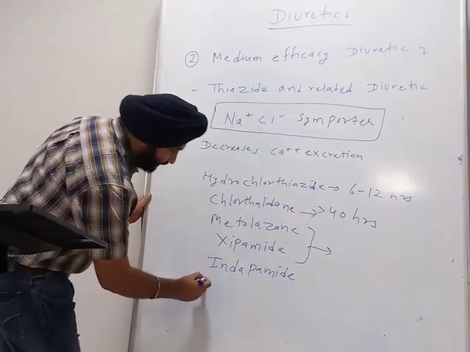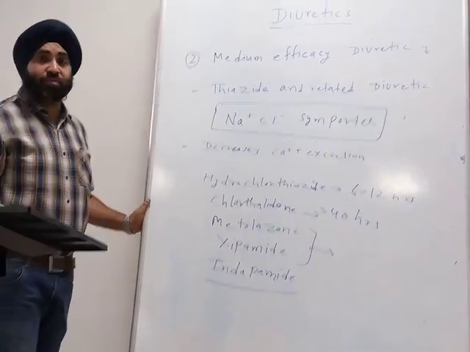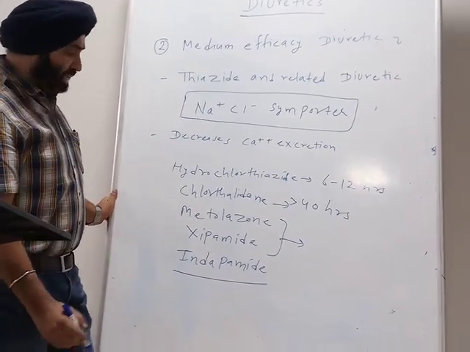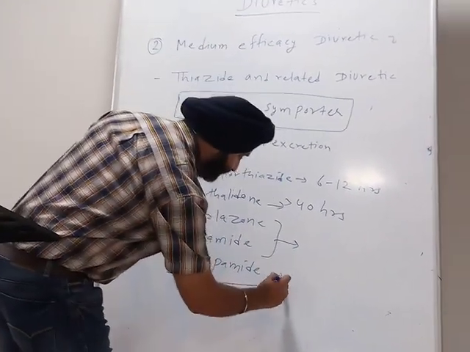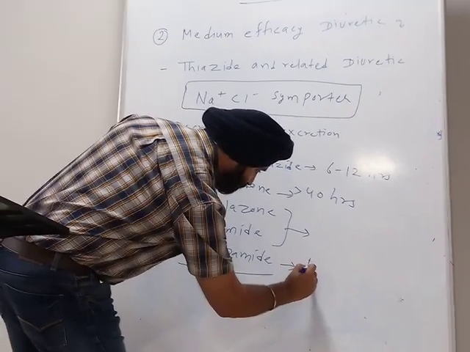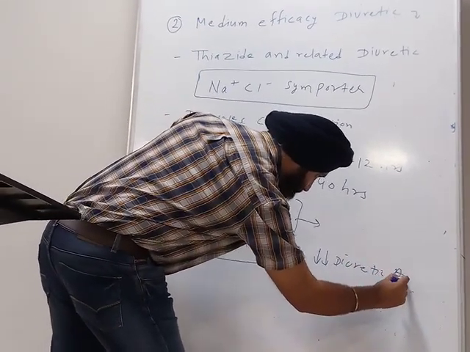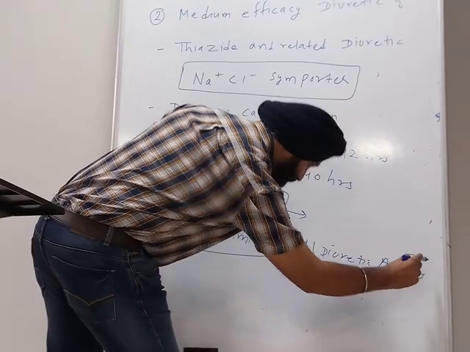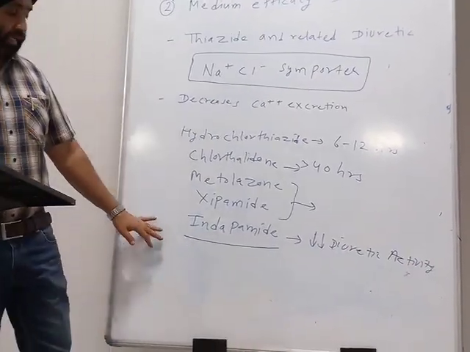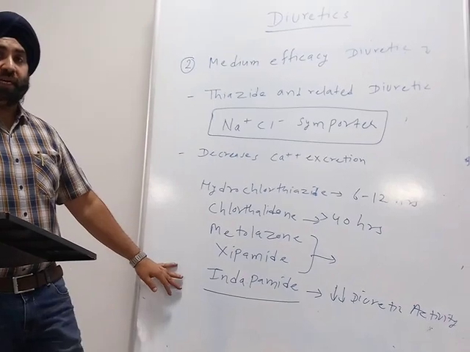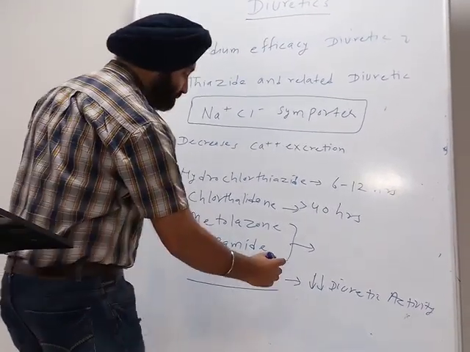Now the recently developed drug is indapamide. It has a unique feature that it has a very low diuretic activity, but it is a good antihypertensive because it has a vasodilatory action.